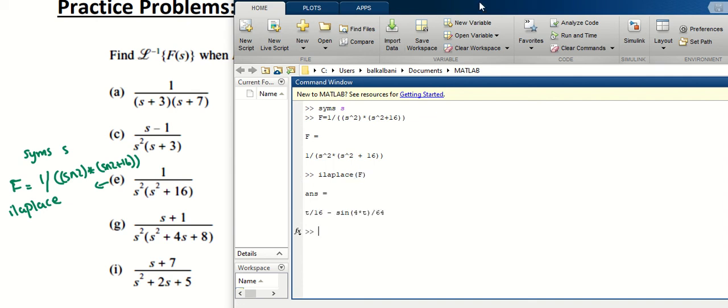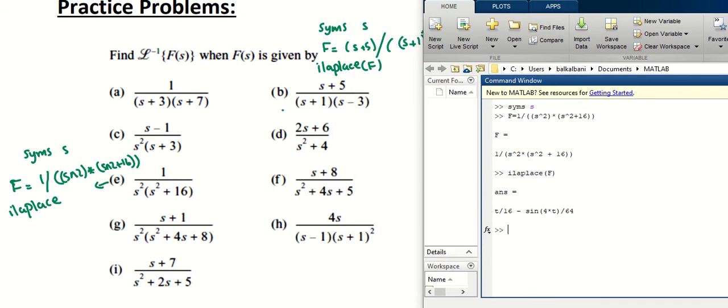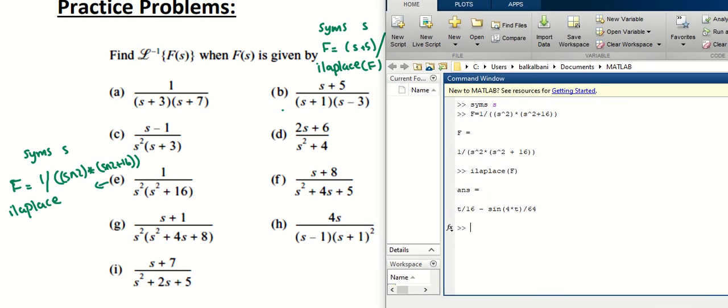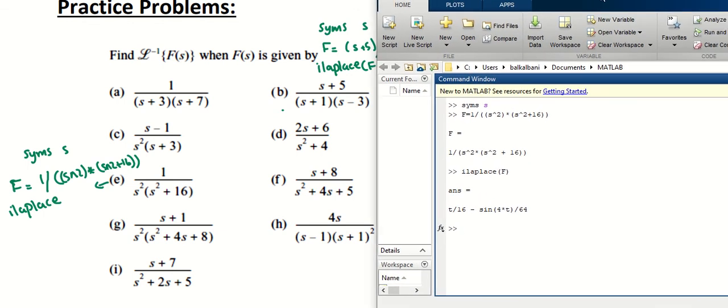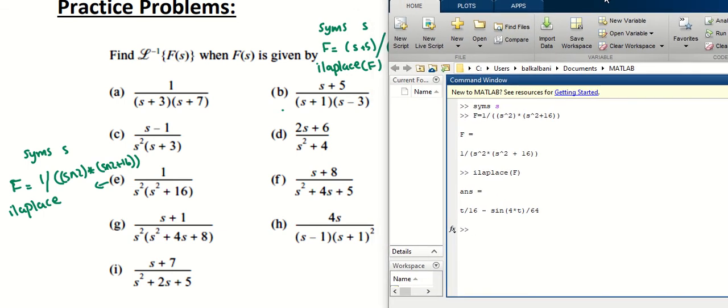Okay, if you want, for example, to solve another problem like H, in H we have SYMS space S, enter. F is equal to the numerator divided by the denominator.